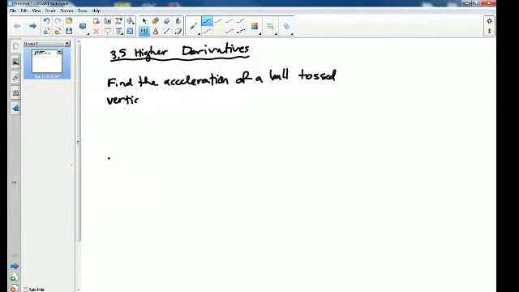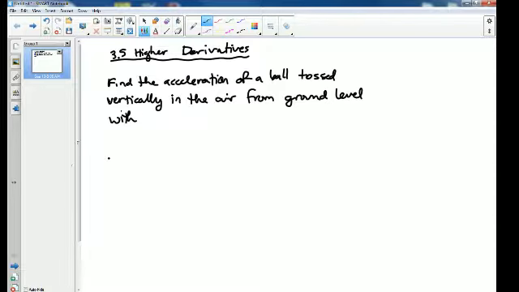There we go, keyword there, huh? From ground level with initial velocity 12 meters per second.